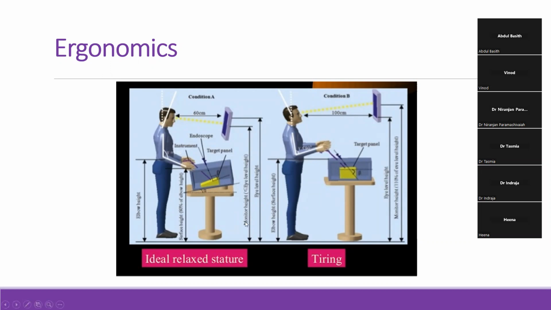Okay, so what you have to do is make sure that you have an easy, relaxed stance. Your pelvis should not be tilted. Both feet must be firmly on the ground. Your elbow must be at a level higher than where you hold the instrument. Holding the instrument like this, where the elbow is lower, is incorrect. Shoulders should not be crouched.